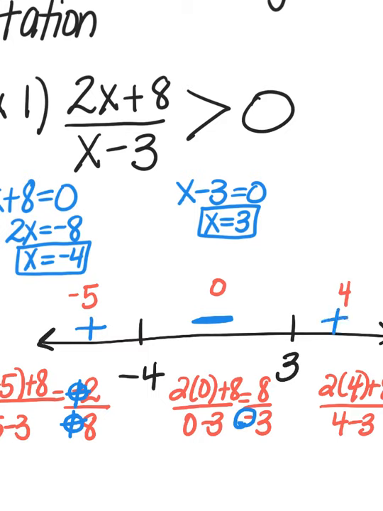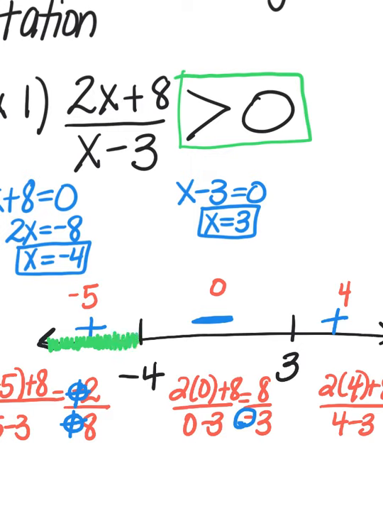All right, now we know the outputs for each interval. So let's go back to our inequality. Our inequality says greater than 0. So I'm looking for the intervals where it's greater than 0. So my interval from negative infinity to negative 4, that far left interval, gives positive outputs.